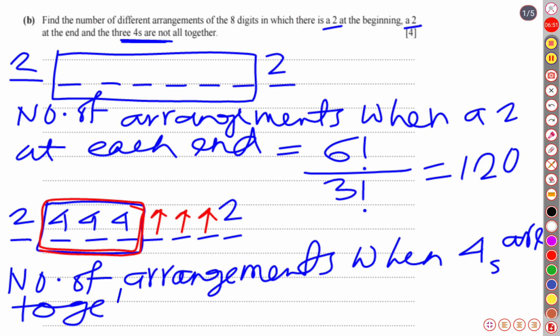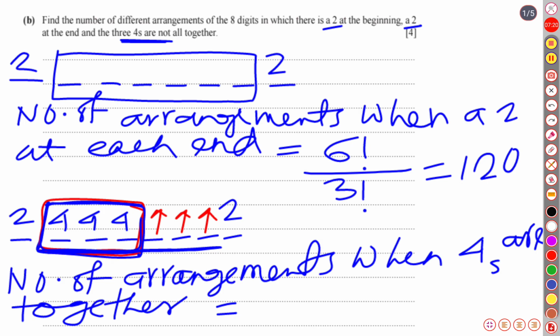If fours are together, then what will be the number of arrangements? As we have seen in the scenario, the two 2s have already been arranged. Now in between these two, we will arrange. How many spaces are there? It will be considered to be one unit. All fours are together, so it is one unit. One unit, two units, three units, four units.